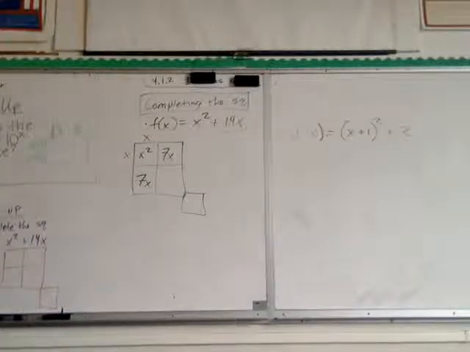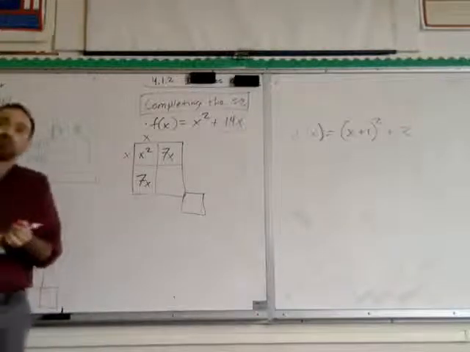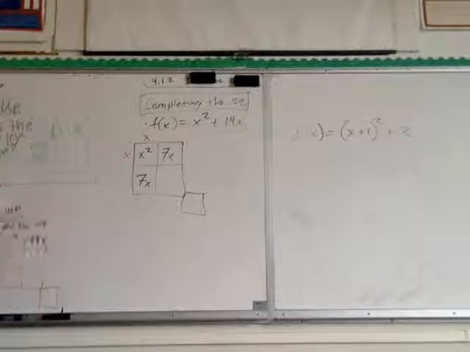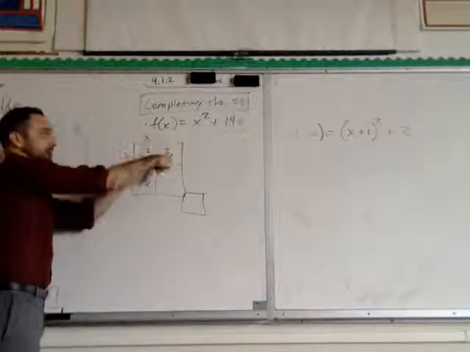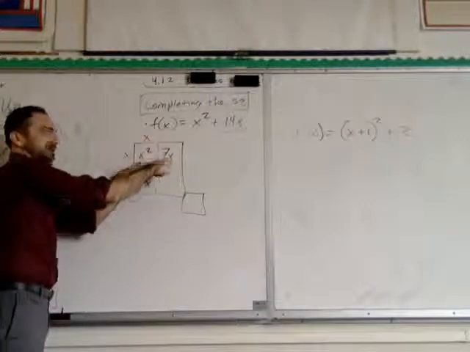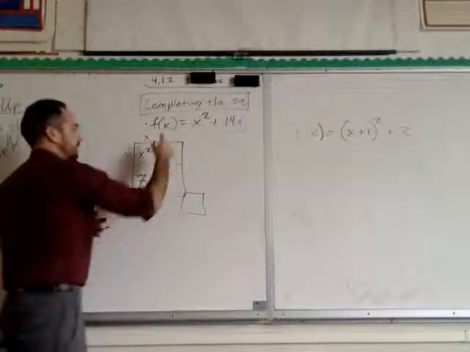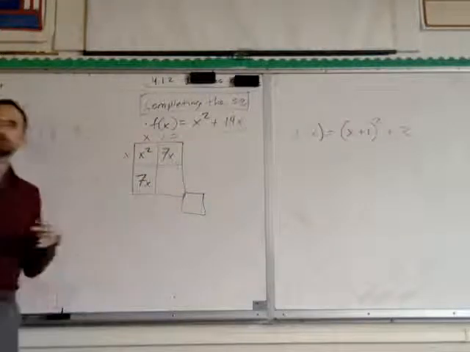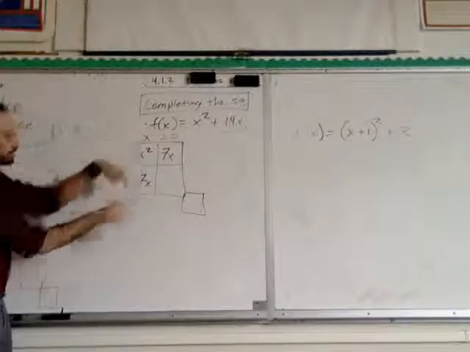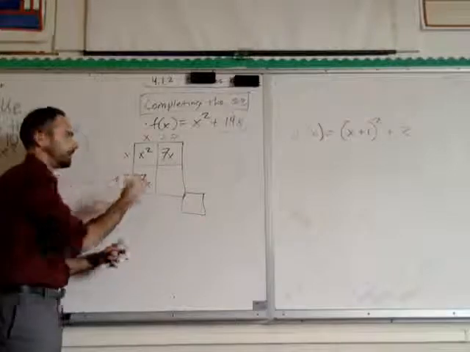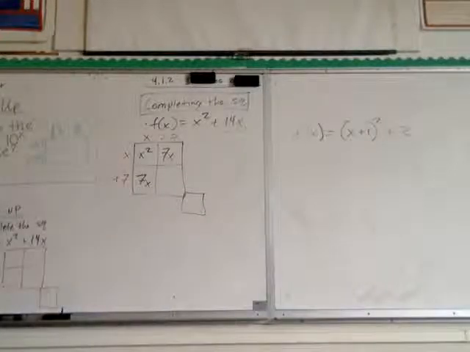Even if it was an odd number, there'd be a decimal, but you can deal with it. So looking at it next, just like a multiplication table, what times x gives you 7x? Positive 7, right? Same thing over here, because it's x times what gives you 7x? Positive 7. Everyone okay with this multiplication table kind of process?